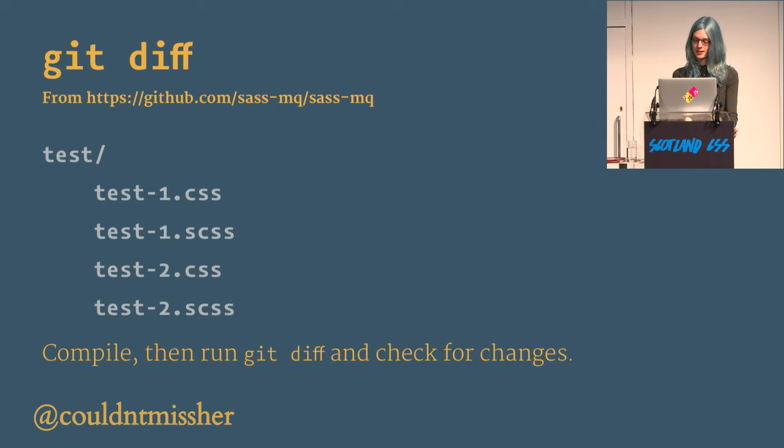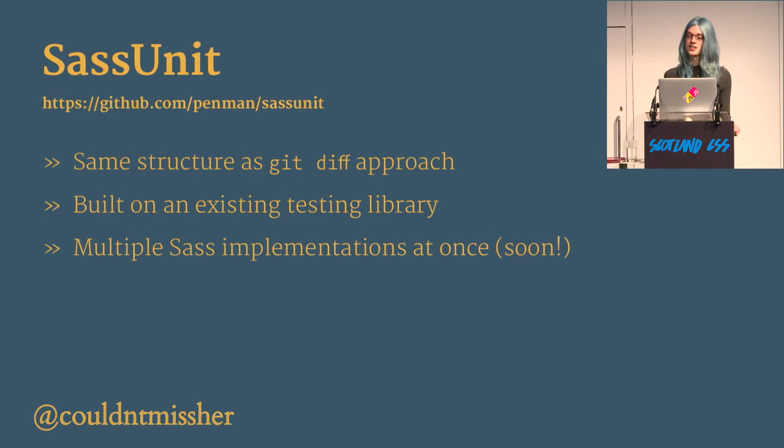So my solution that I use for my libraries is called SassUnit, and it's basically the git diff approach I just described. But I used a Ruby testing library and just loop through the file pairs in whatever directory they're in, and generate a test for each pair saying, compile this file and check if the output is equal to this one.